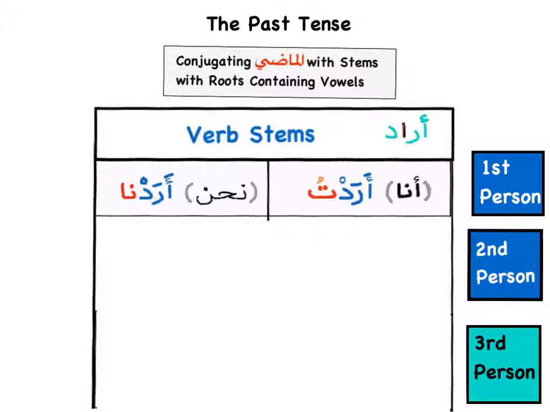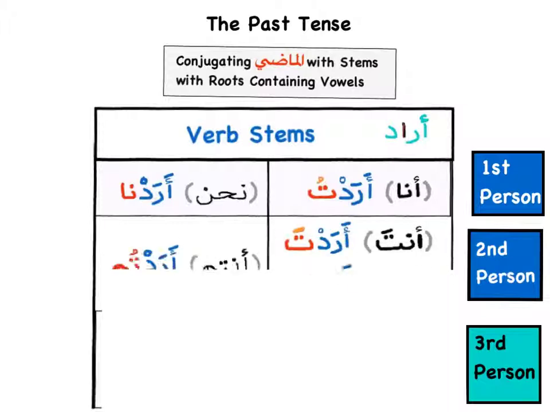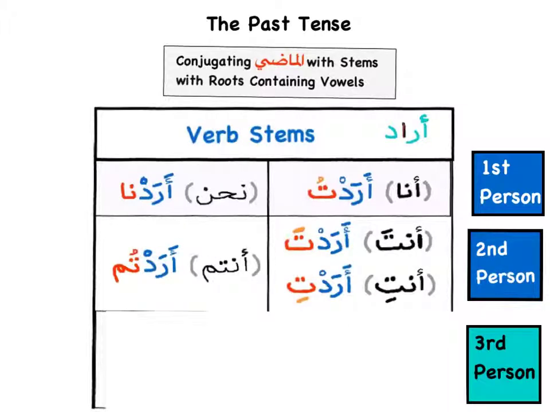Then we have second person singular, أنت أردتَ. Again we have the suffix ta fatha for أنت, أنتِ أردتِ ta kasra, أنتم second person plural, أردتم.